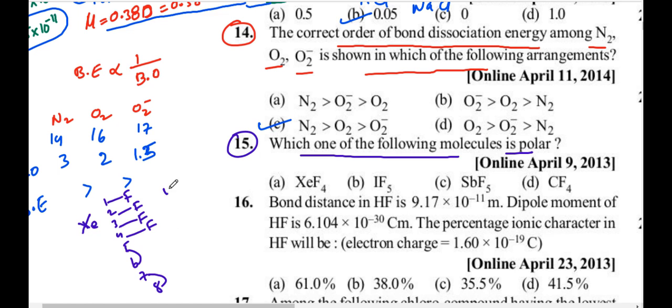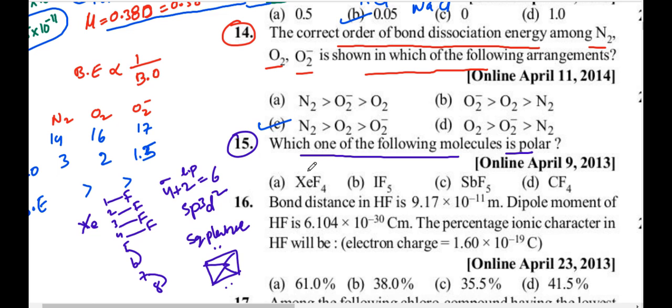So hybridization: 4 sigma bonds, 2 lone pairs, total 6, sp3d2. The geometry is square planar. It is like this, above a lone pair, below also a lone pair. It is a symmetrical structure, so there is no polarity, mu equal to 0.